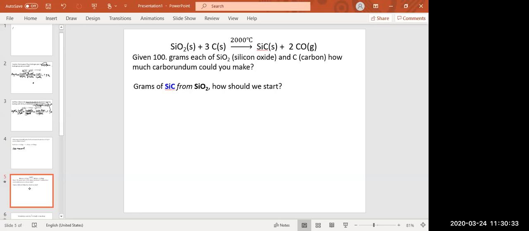Given 100 gram each of SiO2 silicon dioxide and carbon. How much SiC could you make?